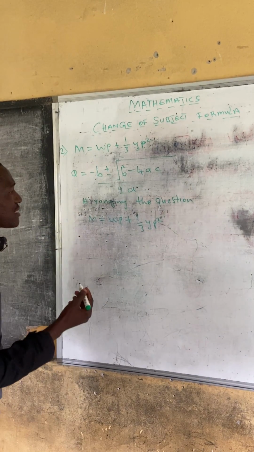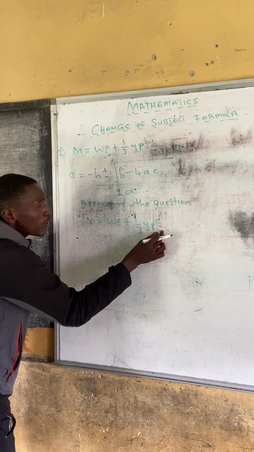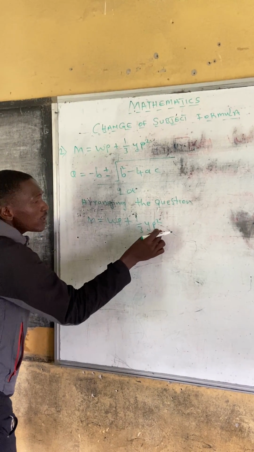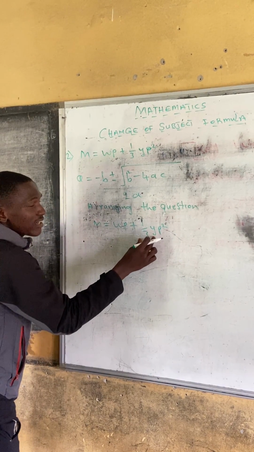Now, you know in quadratic, the standard form of a quadratic equation is P squared. P is now a variable. Sorry, P is now an alphabet, while 1 over 3y is now a variable.